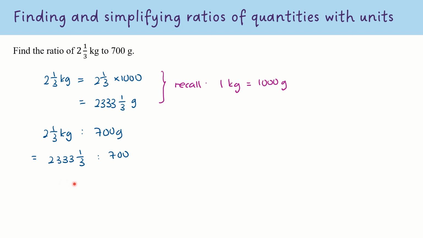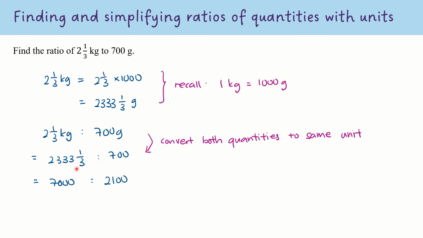So as mentioned earlier, our quantities must be in integer values. So what we will need to do is to actually change the 2333 and 1/3 into an integer value, and we can't change that alone. We can only do that by multiplying by 3 on both quantities, such that this will become 7000 when we multiply by 3, and 700 will become 2100 when we multiply by 3.